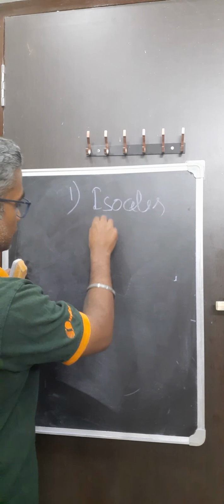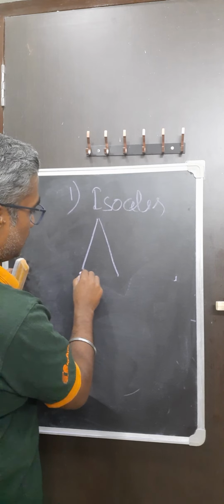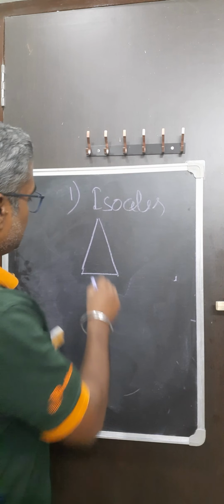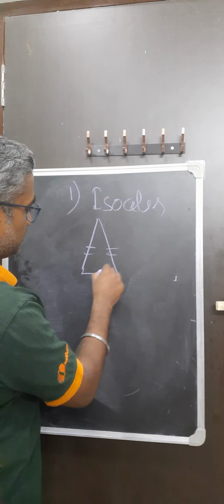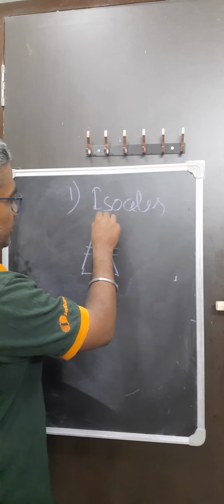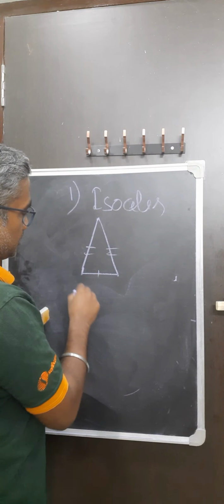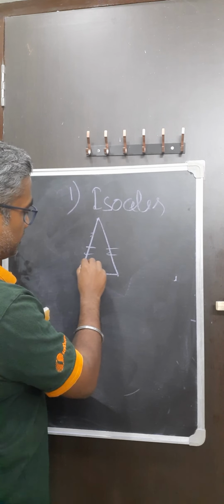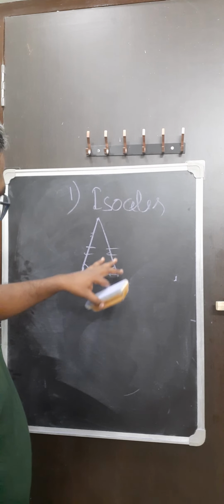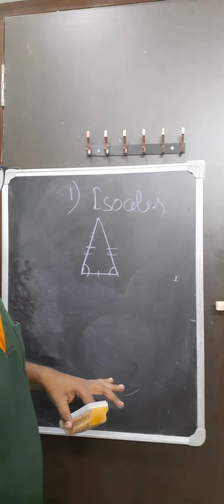triangle, where two sides are equal, and one side is not equal to the other two sides which are equal. So if I say these sides are equal, this third side will not be equal to the other two. Here, as these sides are equal, the base angles should be the same. This is again a characteristic of the triangle.